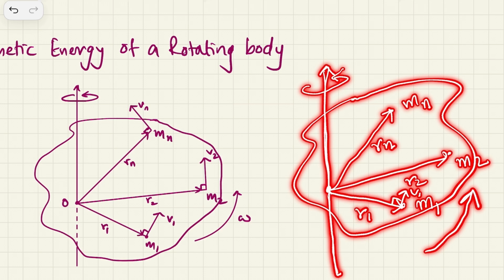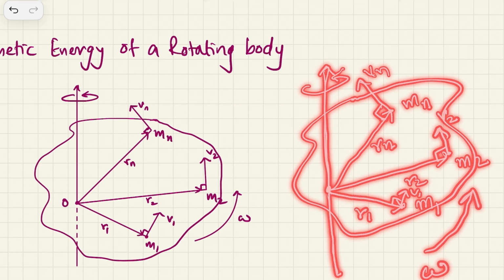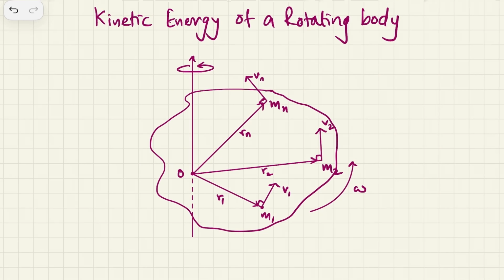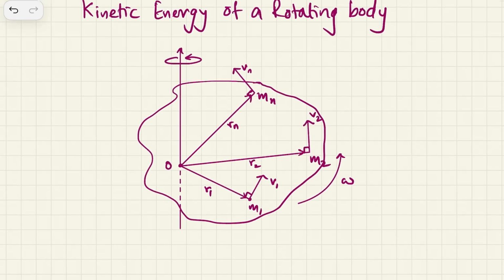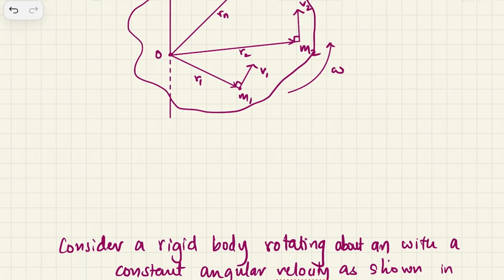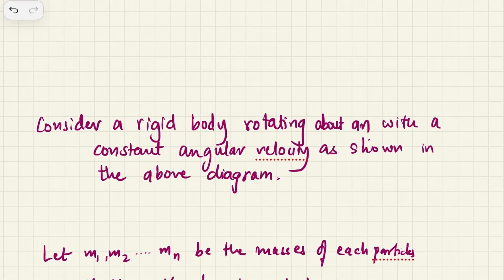So v1 is perpendicular to r1, v2 is perpendicular to r2, and vn is perpendicular to rn. And I am assuming here that the body is moving with a constant angular velocity omega. So this is the way I have drawn this diagram, and let's start to prove it.